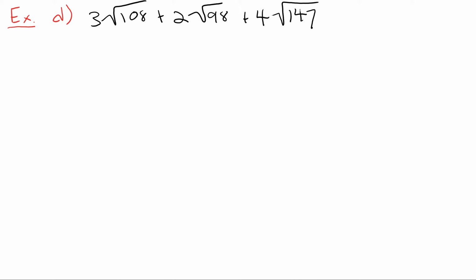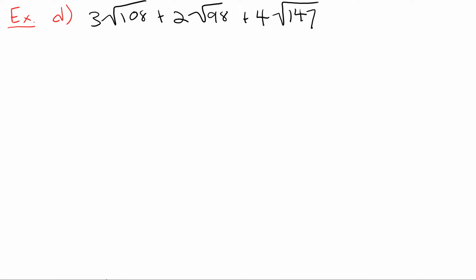So I want to see what numbers I can multiply to give me 108, and if one of these numbers is indeed a perfect square. So I'm considering the factors of 108, and I realize that 36 has been showing up a lot in this video, I'm sorry. 36 is a perfect square and it is a factor of 108. So 36 times 3 gives you 108.